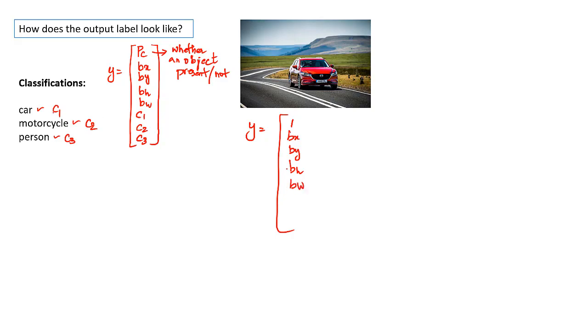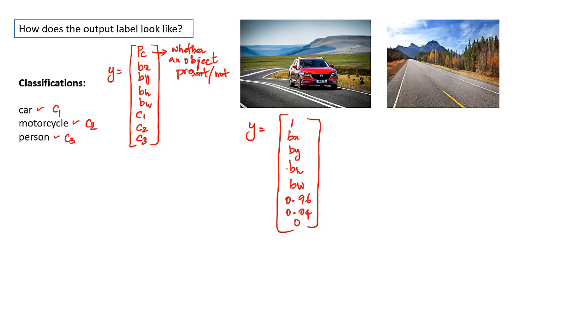Now for C1, C2 and C3, C1 indicates car, and this is a car, so the C1 value will be somewhere around 0.96, indicating a 96% probability that it is a car. It also gives out the motorcycle value. This is not a motorcycle, so its value will be very low. And the C3 value, since it is not a person, will be 0.